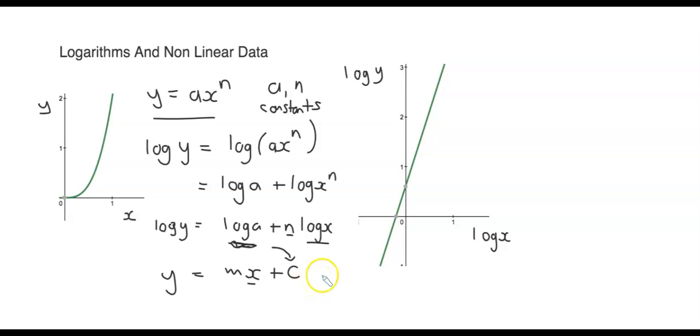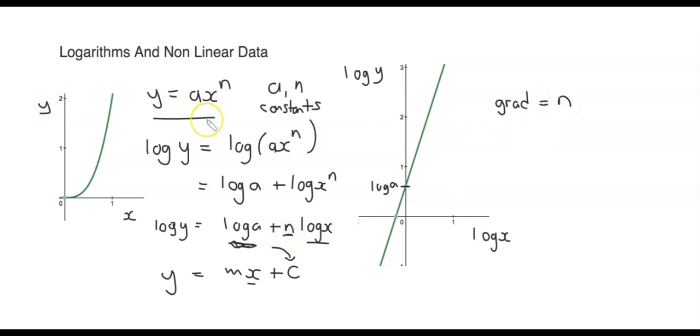So if you were to now change x and y on this axis to log of x and log of y, then what we can say is, this graph must cut the y-axis at the c value being the log of a, and then its gradient must be n.